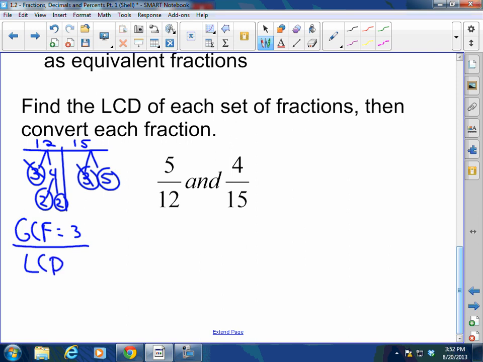So my LCD is the GCF of 3 times the leftover prime of 2 and the other leftover prime of 5. So the LCM is 3 times 2 times 5, 30. I hope that makes sense.